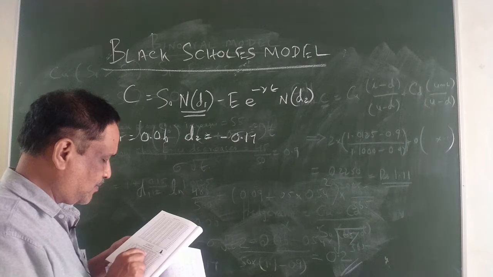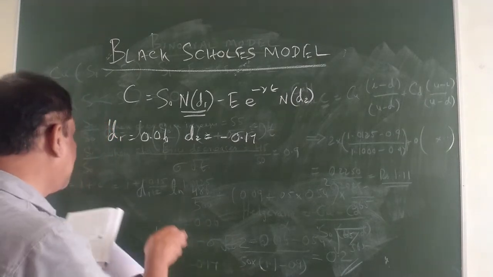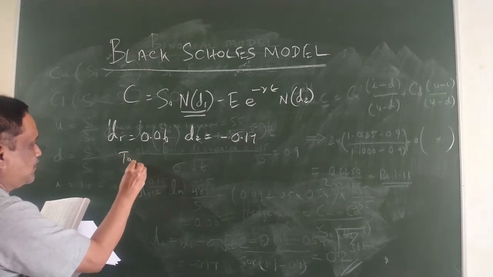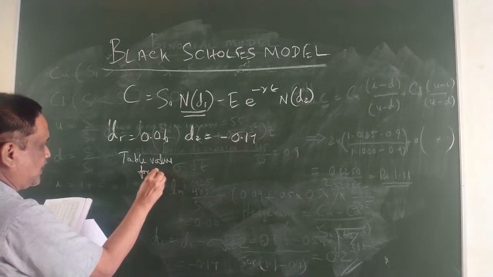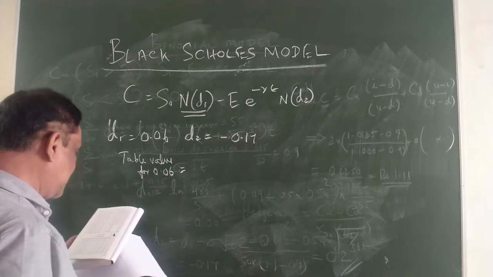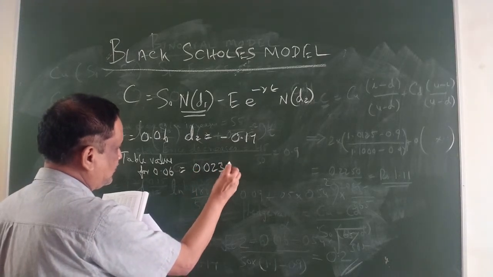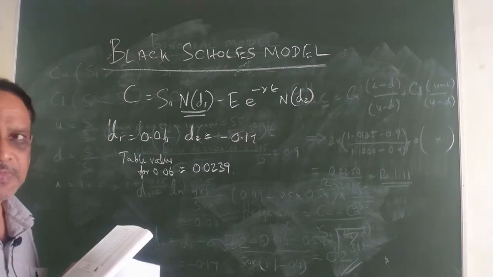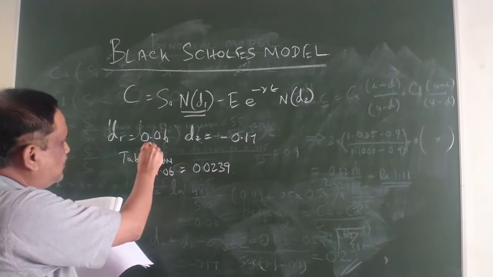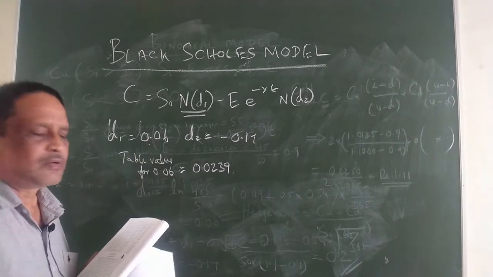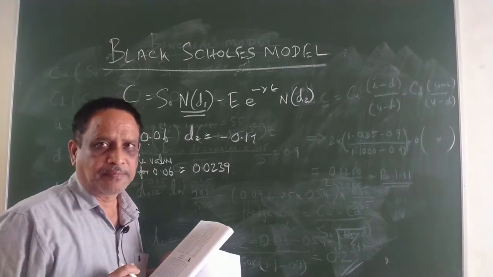If you look in the table, the table value for 0.06 is 0.0239. As a thumb rule, if you have a positive value for d1, you add 0.5 to the value you get from the table.